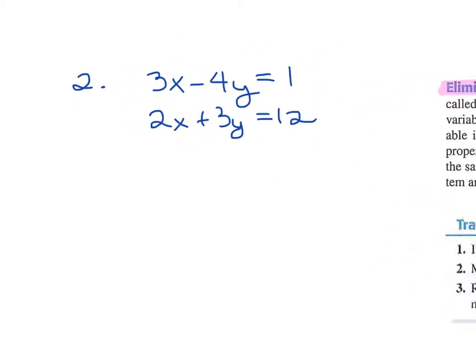So for the elimination method, you have to decide which variable you want to eliminate. It doesn't matter which one you choose to do first. Again, I always look for the variable that's going to give me the least amount of work. Here, when I go to eliminate x, I would need to make the 3x and the 2x have the same number but opposite signs.